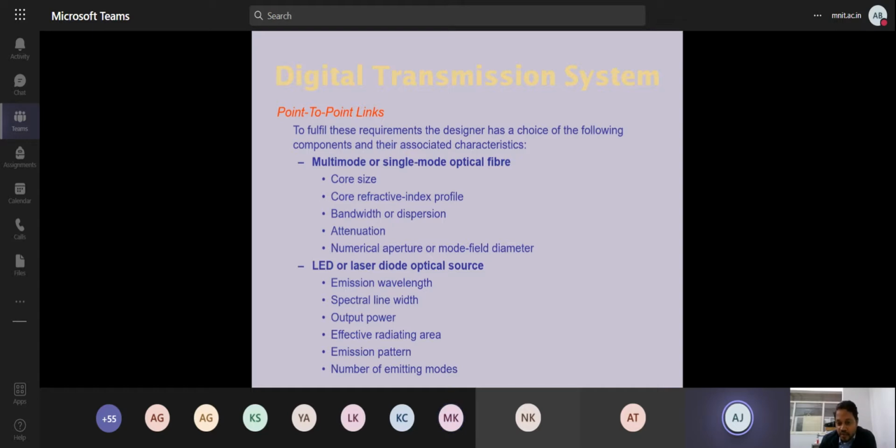And if the number of emitting modes is more, then you can have intermodal interaction between modes. You can have some power transfer or coupling of power from one mode to another. So that may be a deterring factor. So, in order to avoid this, a laser diode is chosen which is emitting only a single mode.